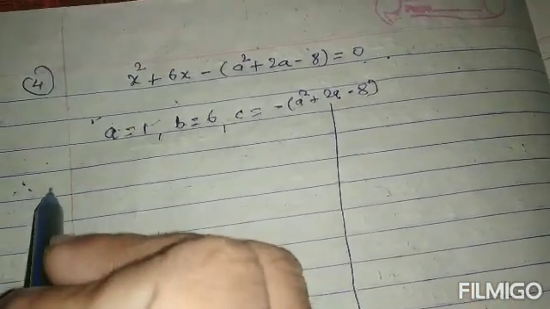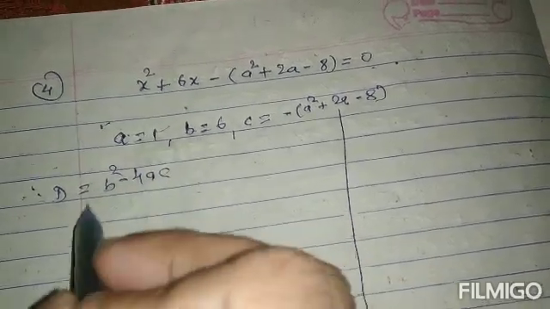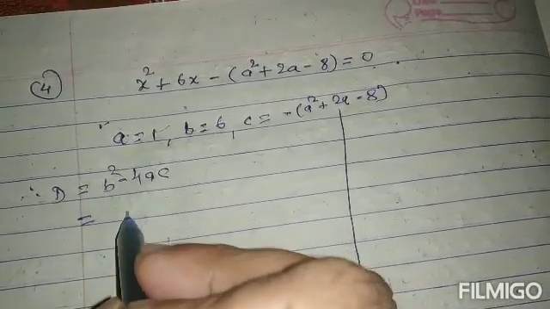Therefore, d equals b square minus 4ac, and the value of b is given as 6.